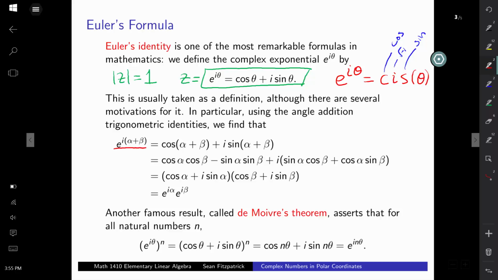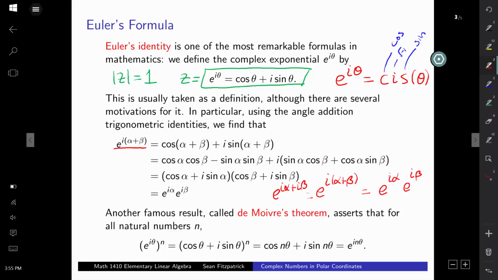So you take the definition up here, the one with the green box around it, and you plug in alpha plus beta. And you either remember or you look up the summation identities for sine and cosine, and you write those out, and you do some playing around, and you simplify, and you realize that, in fact, e to the i times alpha plus beta, and if you want to think of that as e to the i alpha plus i beta, you could push the i through the brackets, is equal to e to the i alpha times e to the i beta.